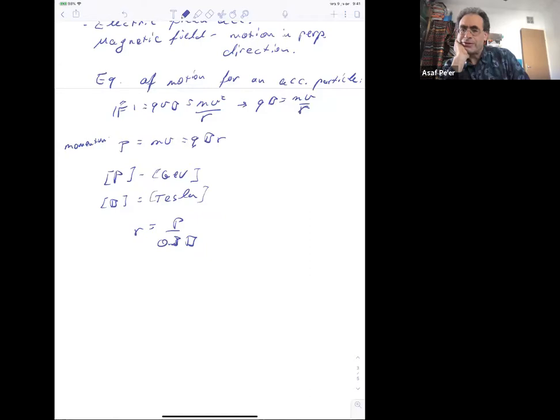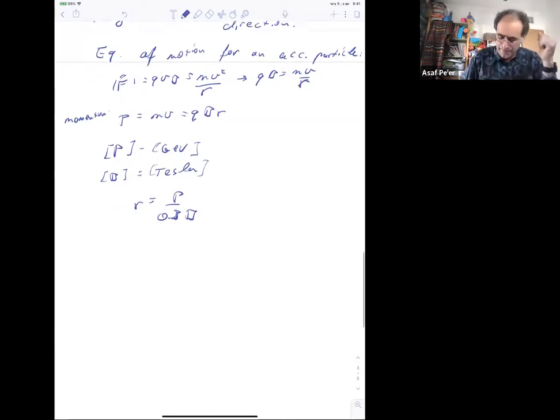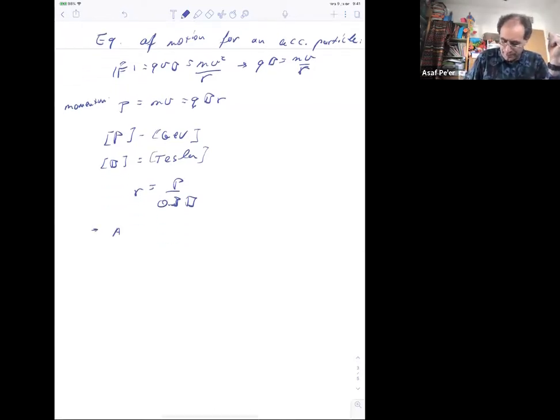Now that I mention it, did you see it before? No? Okay, now I'm surprised a little bit, but okay. You sure you never saw cyclotron radiation? Okay, I'm not going to hold it against you. But an accelerated charge emits radiation.